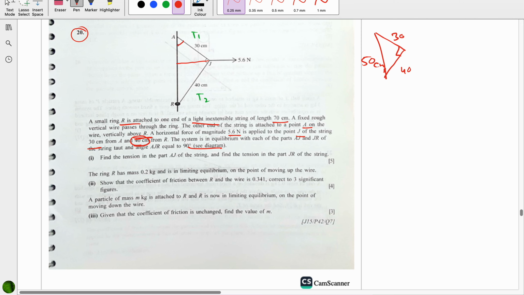And if I split this, naming this theta 1 and this theta 2, the vertical component is T1 cos theta 1, and the horizontal component is T1 sin theta 1.